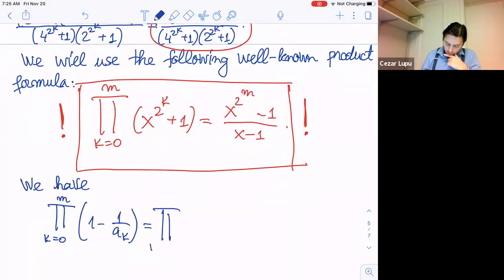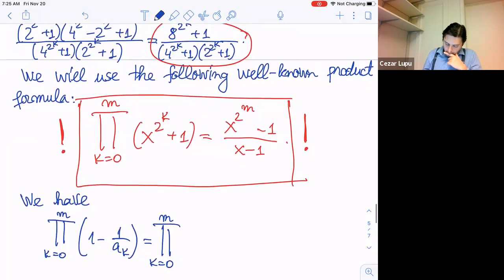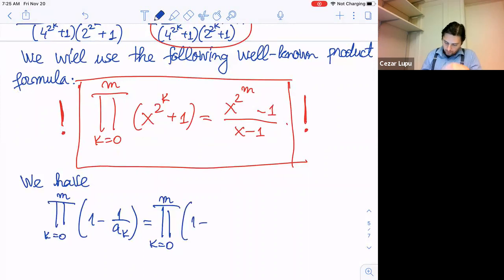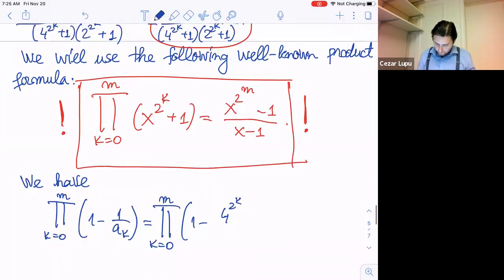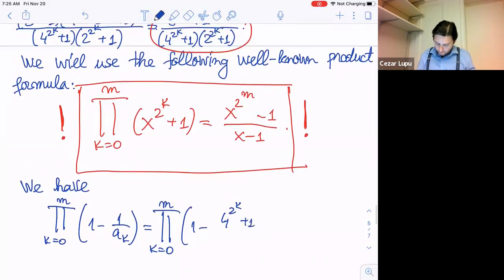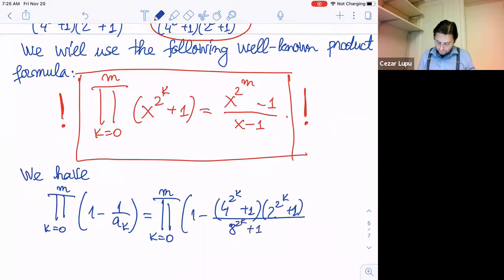This is the product from k equals 0 to m of 1 minus 4 to the 2 to the k plus 1 times 2 to the 2 to the k plus 1, everything over a to the 2 to the k plus 1, right?